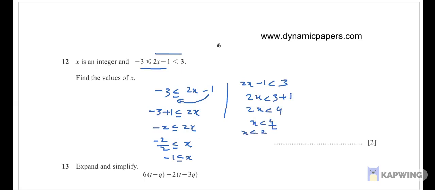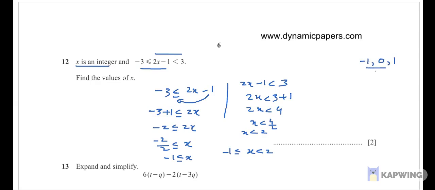It means if you make the single inequality now from this, it will be x is greater than or equal to -1 and less than 2. Now, x is an integer. So between -1 and 2, -1 is included. It means the possible integers are -1, 0, 1. 2 is not included.